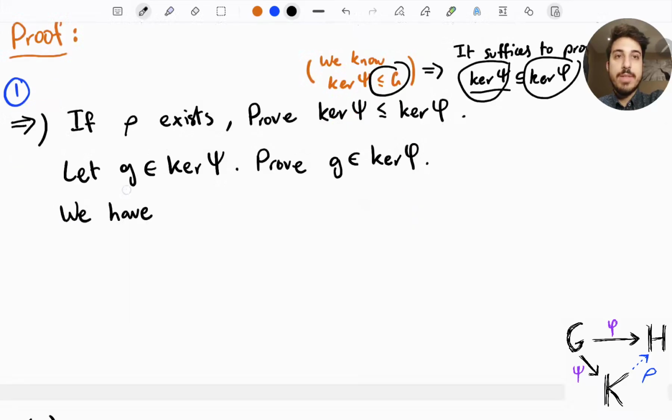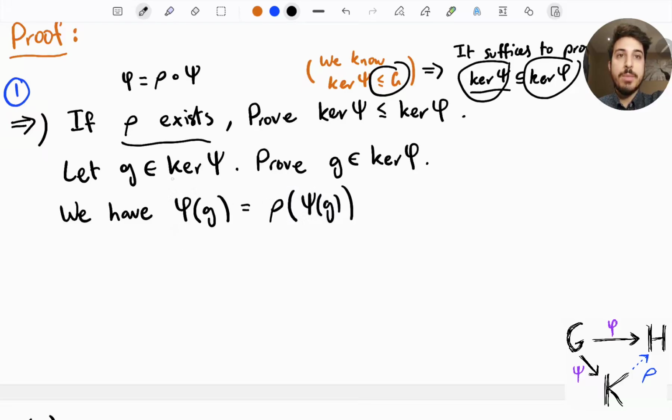So we have, since g is in the kernel of psi, that if we take phi of g, by definition of rho, remember, phi is equal to rho after psi. So phi of g we can replace by rho after psi. But because g is in the kernel of psi, then psi of g is equal to the identity, so we get rho of the identity.